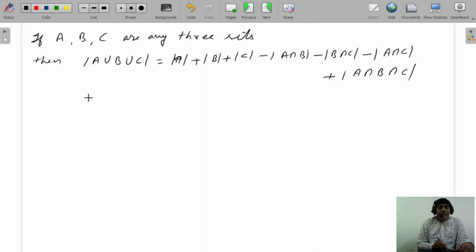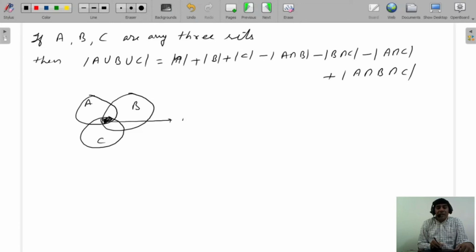Graphically we see that A is any set, B is another set, and C is the third set. Then A intersection B intersection C is this shaded part.